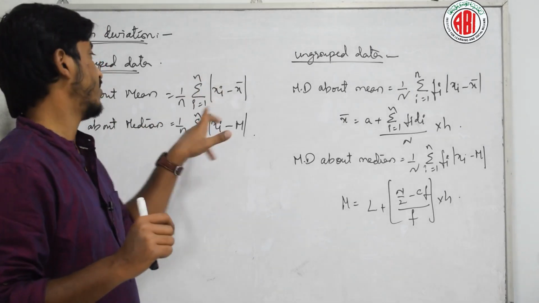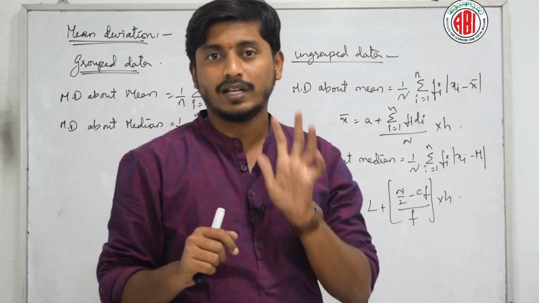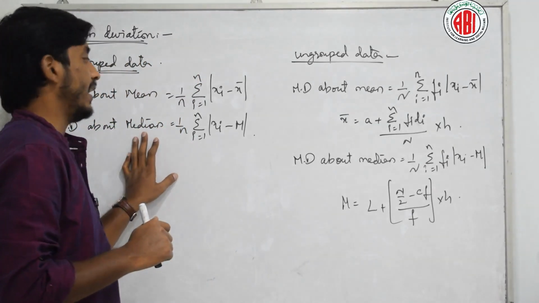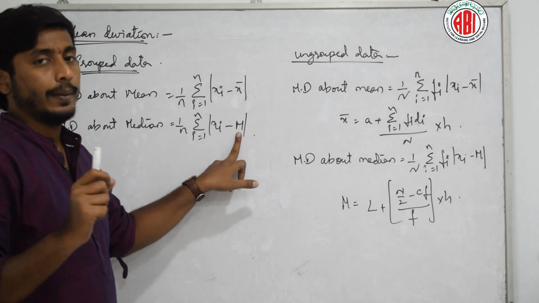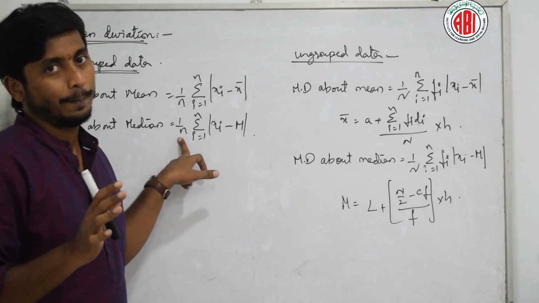We have 5, so n is 5. Clear? That is what you have to remember. Next, mean deviation about the median. How do we do it? The first step is again finding the median, subtracting, and dividing by the total number.